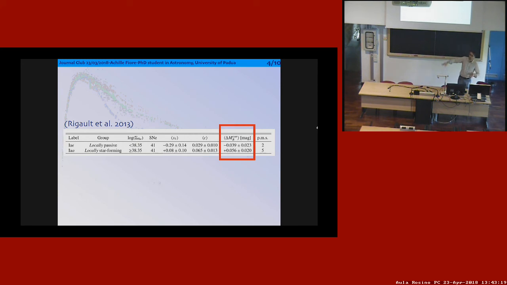You see that the magnitudes of type 1a supernovae exploded in locally passive environments are roughly 0.094 magnitudes brighter than type 1a supernovae that exploded in a locally star-forming environment.